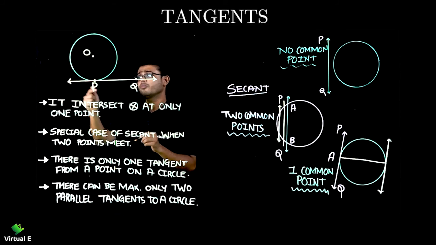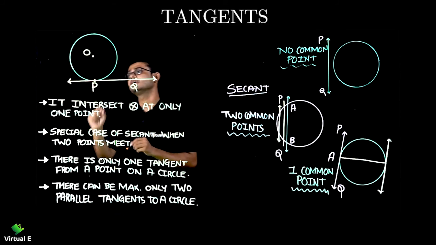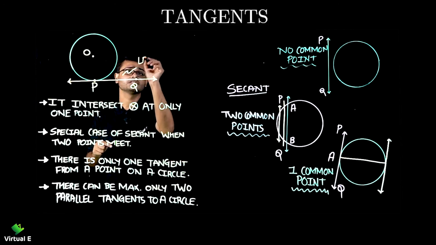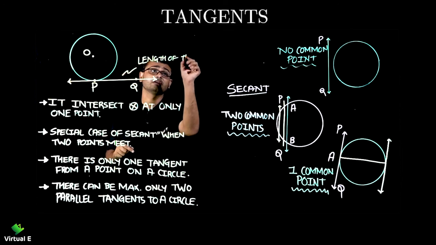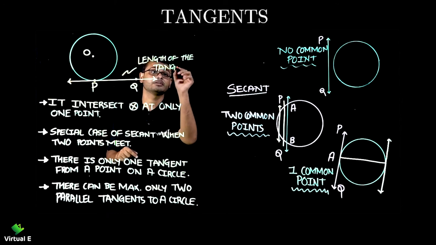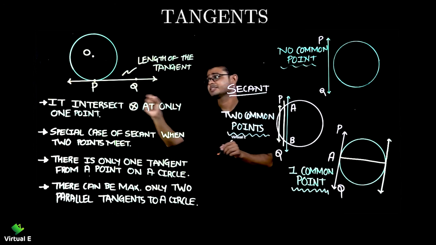You can connect OP as well, OQ as well. We are going to learn in the theorem how to do that, right? So this PQ is called the length of the tangent, not the segment. So it is always specified that this is the length of the tangent.